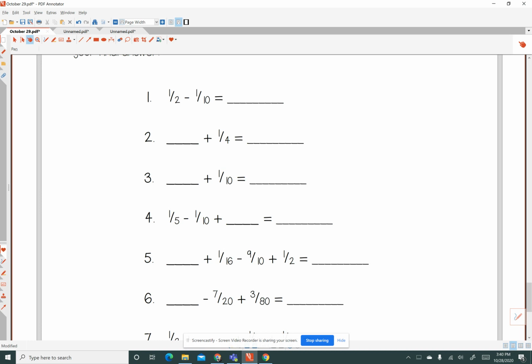So we have 1/2 and 1/10 minus 1/10. And we need to convert 2 to tenths, so that would be 2 times 5 is 10, 1 times 5 is 5. 5/10 minus 1/10 equals 4/10, and we divide the top and the bottom by 2 to give us 2/5.